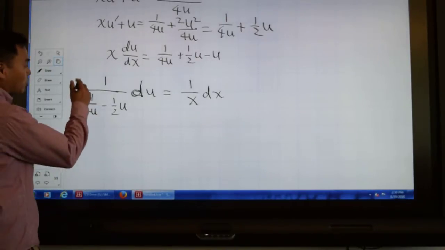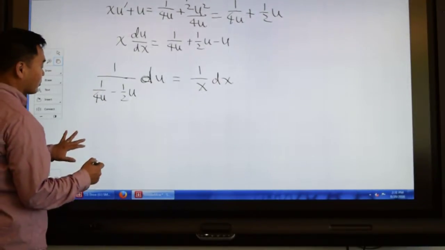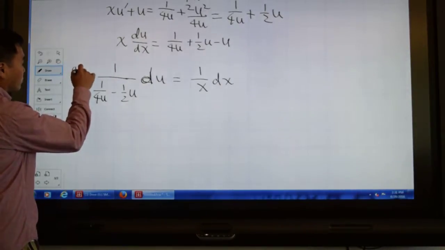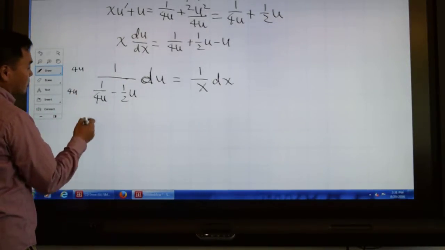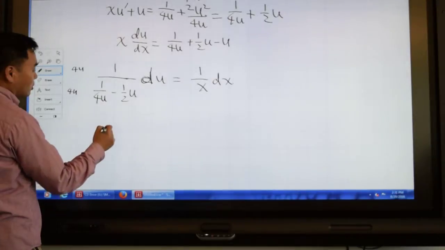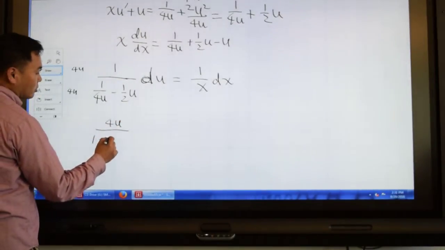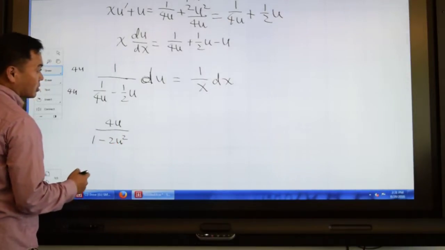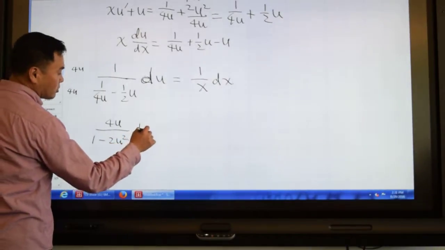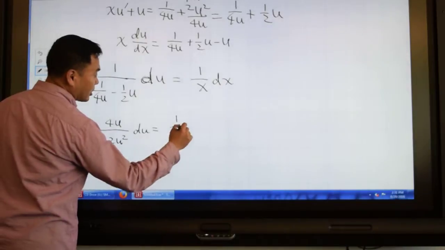I want to multiply 4u top and bottom. So I can cancel this. You have 4u over 1 minus 2u squared du, and 1 over x dx.